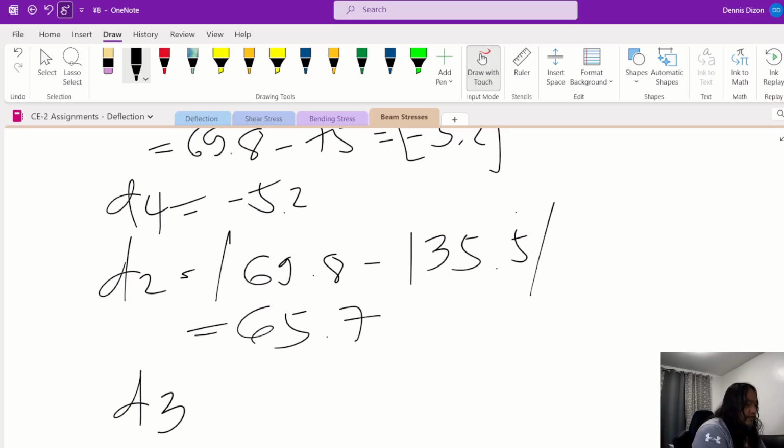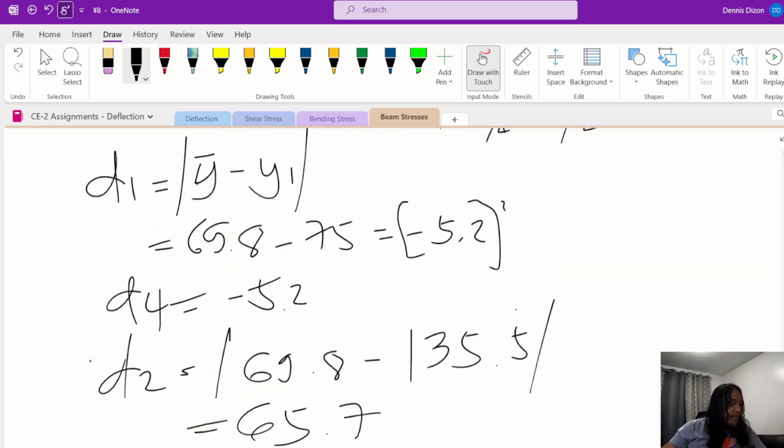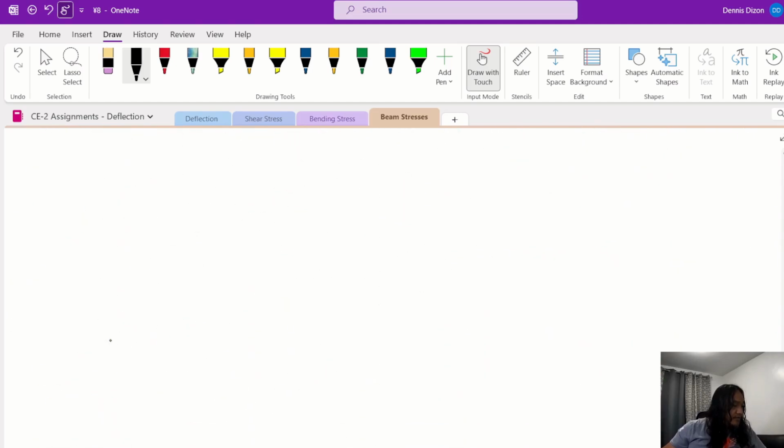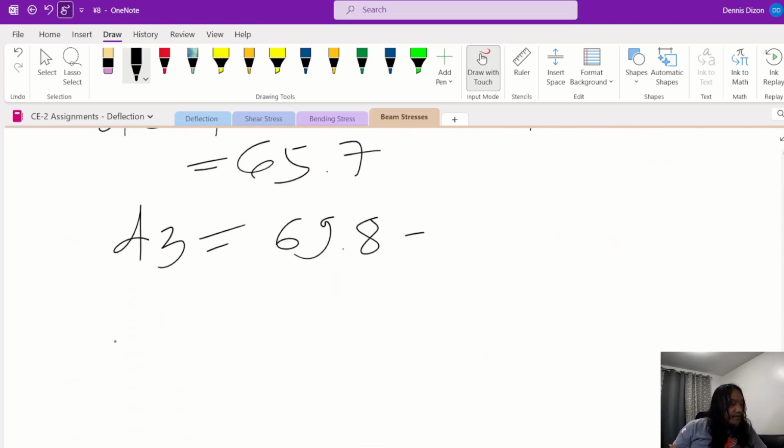And then D3 would be bird y, 69.8 minus Y3, which is 25. So this is the only time where your distance is positive, just because your bird y is bigger than the centroidal distance of your sub area.